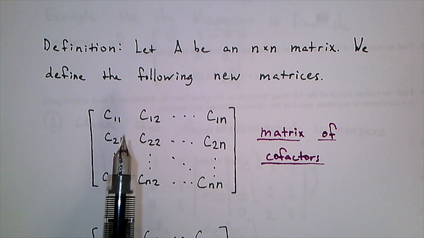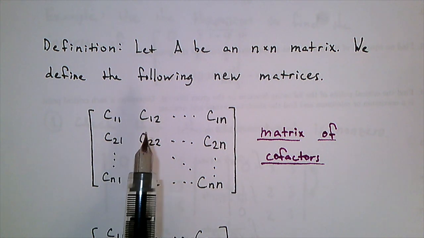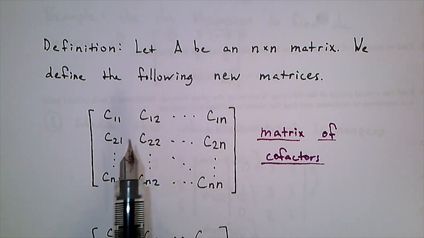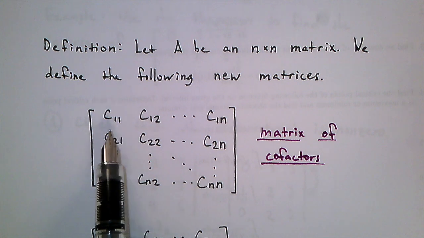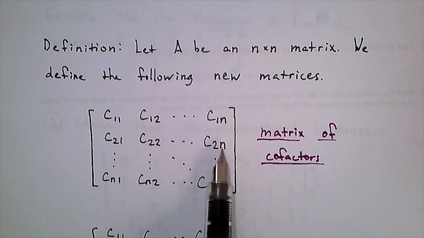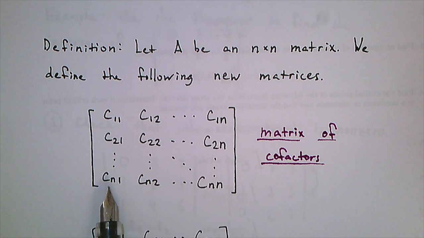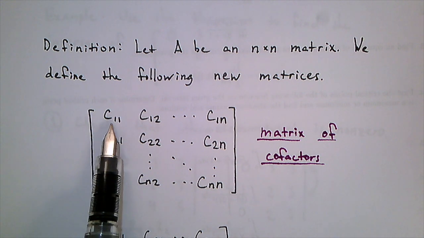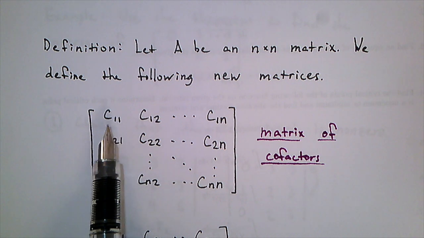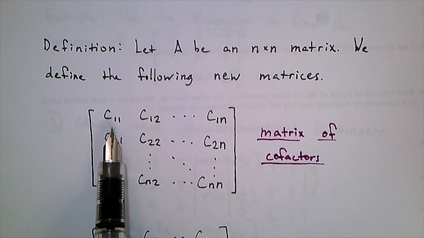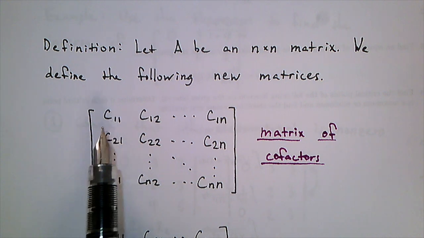What we've done is taken each of the cofactors of the matrix A and built a matrix out of them. To compute each entry of this new matrix, you have to compute all of these determinants. Remember, a cofactor is a positive or a negative of a determinant corresponding to this entry.